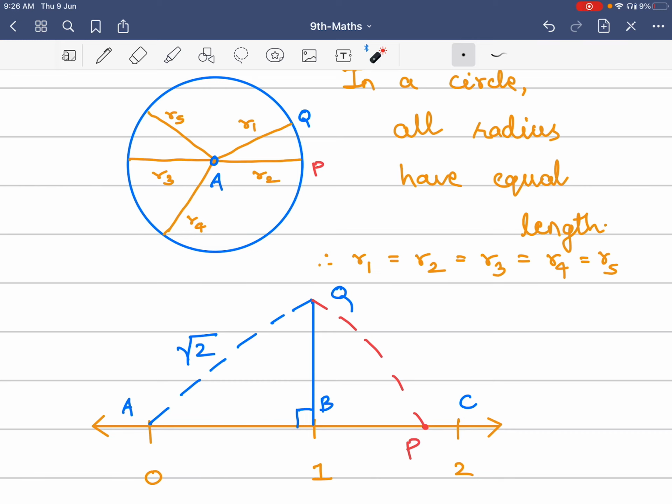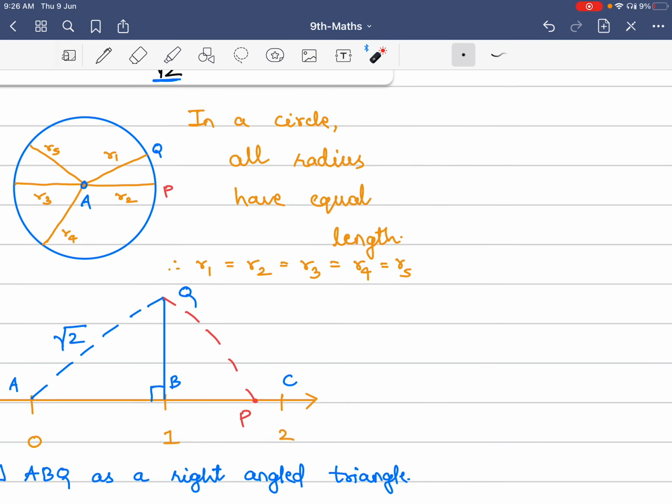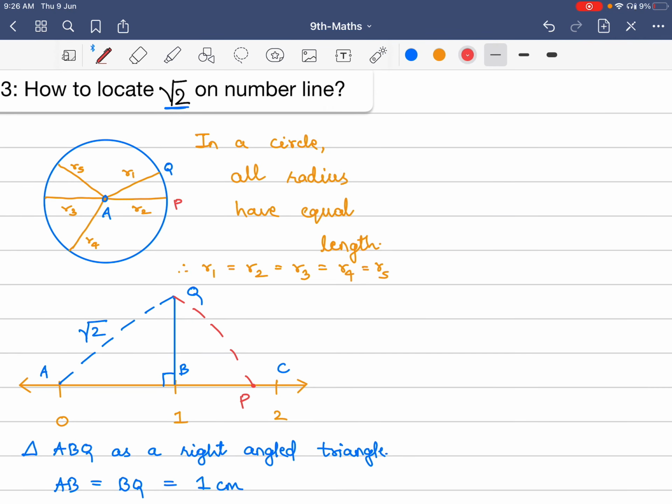I'm going to quickly write down the additional thing that we have done, so that you understand what has happened here. Basically we have constructed a circle with A as the center and Q as the radius.